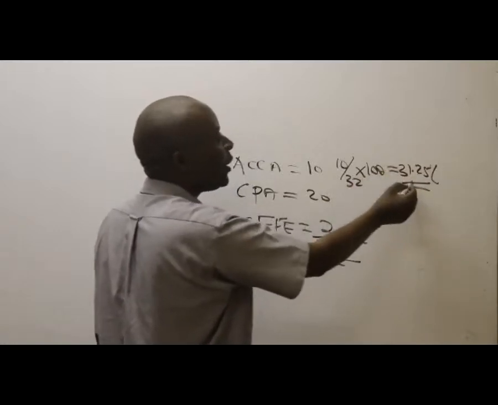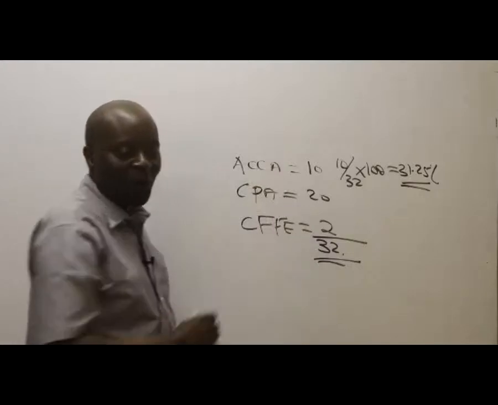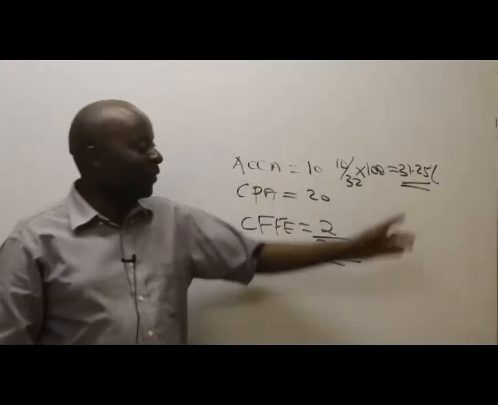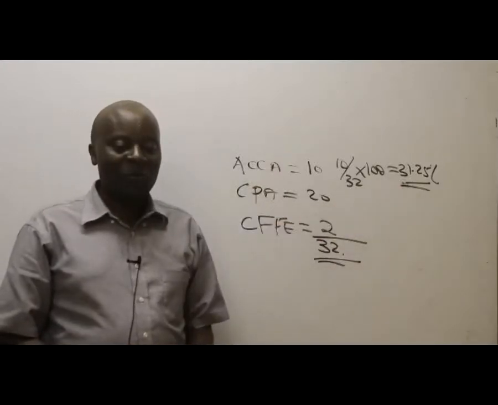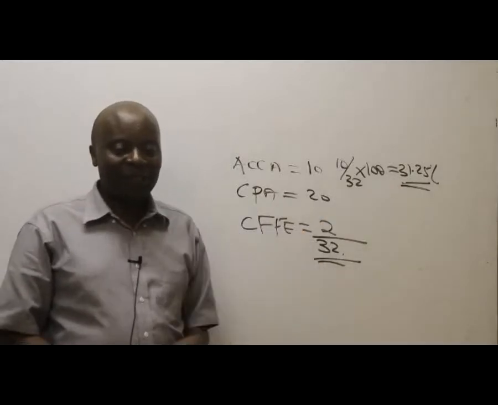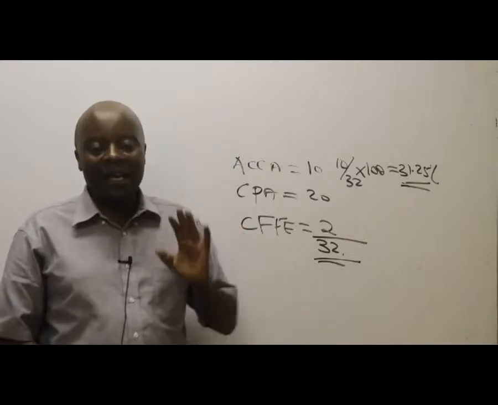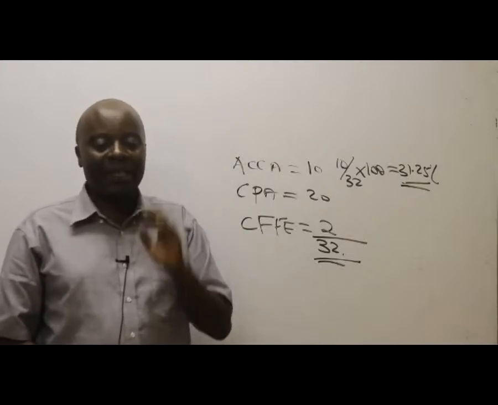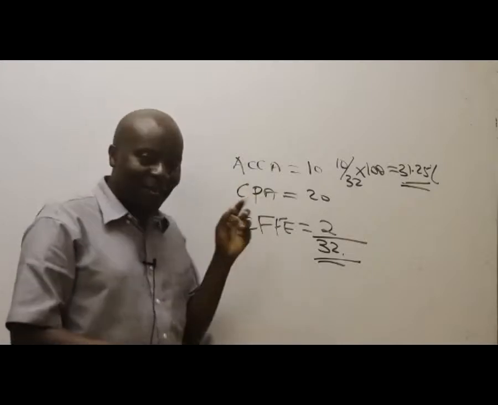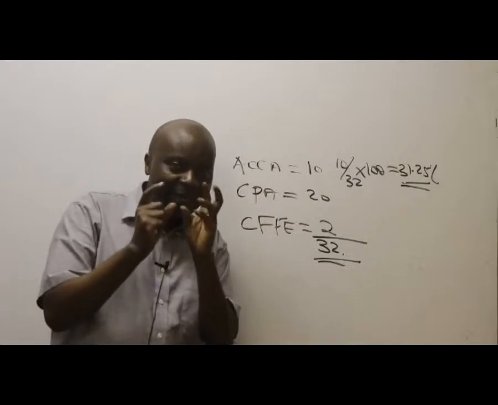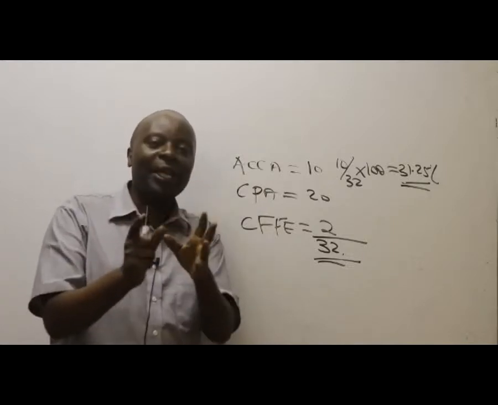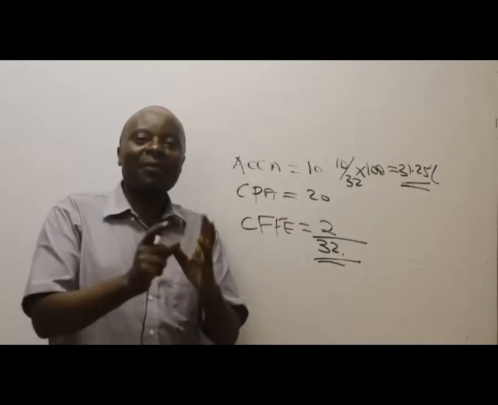What do you think of this percentage vis-a-vis our threshold of 10%? It's a pass. It's very high. It's more than 10. It meets the criteria. It means that ACCA has to be reported as a distinguishable component, as a distinguishable segment.